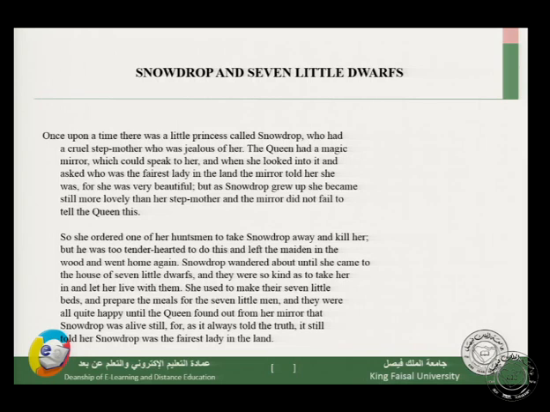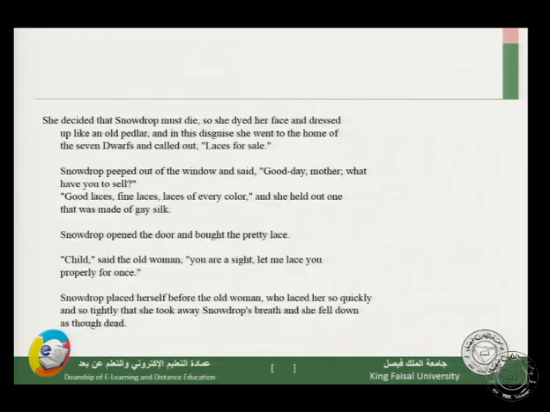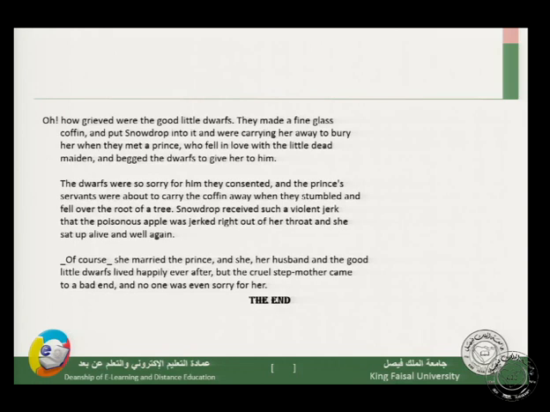Again, here for Snowdrop, please remember to discuss how to find the themes for this story. If you consider discussing characters and setting, they are almost the same as in the other stories.